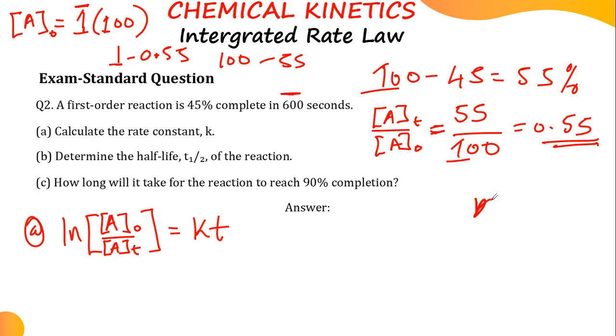Now let's come up with our data. What are we looking for here? That's the rate constant k. What's our time? We have been given 600 seconds.